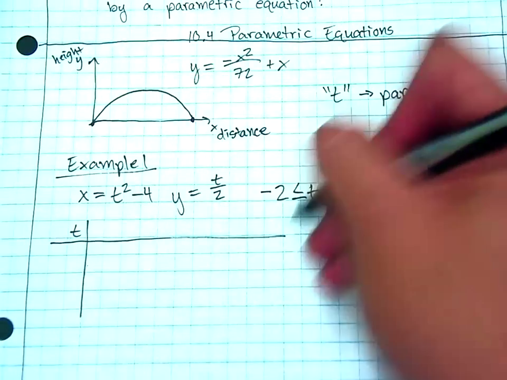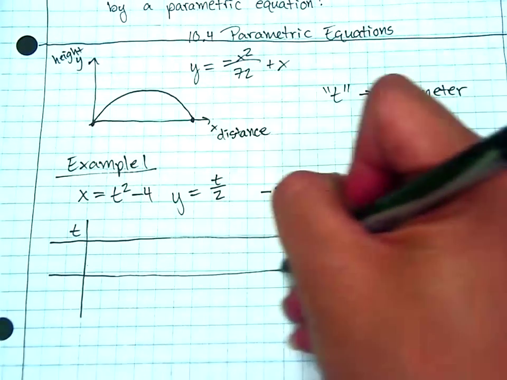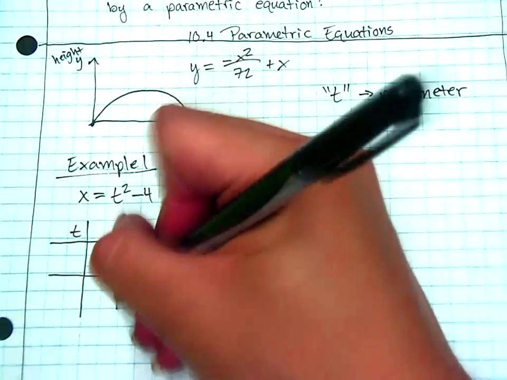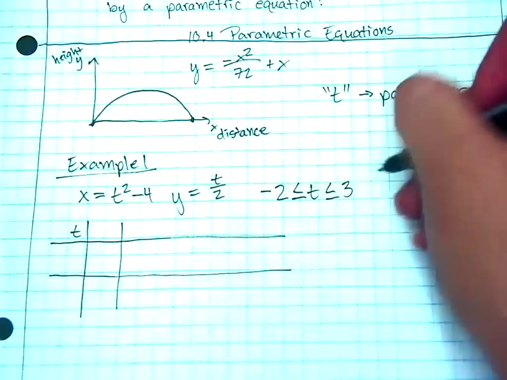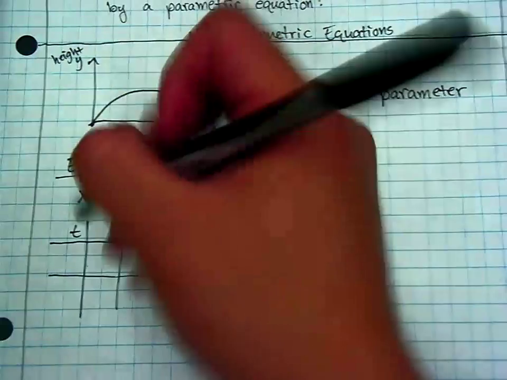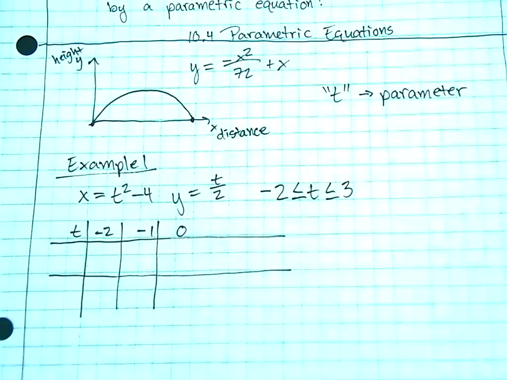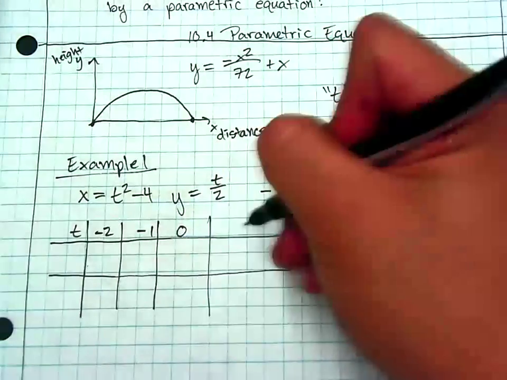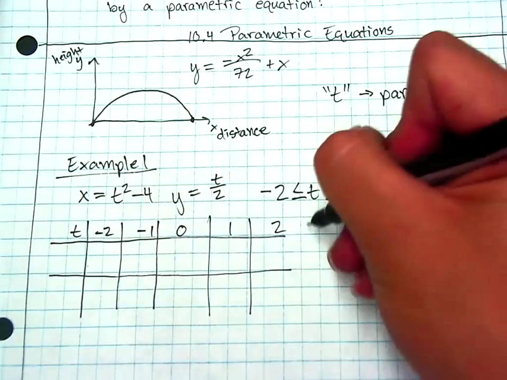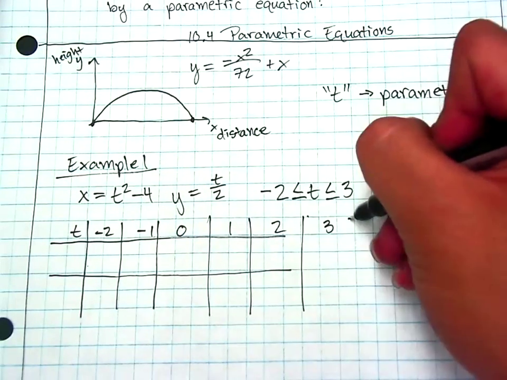What we want to do is set up a 3-row chart, a 3-column if you prefer. And what I'm going to do is basically put each integer. So negative 2, negative 1, 0, 1, 2, and 3.